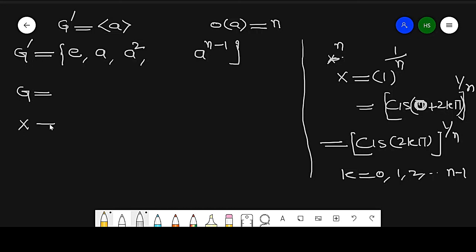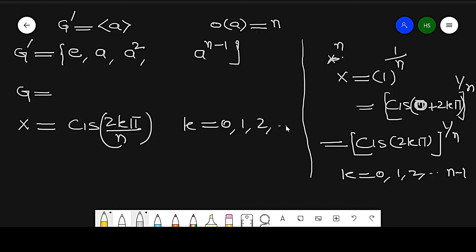So just understand this value first. x is equal to cis of 2k pi by n, where k is running from 0, 1, 2, and so on up to n minus 1.